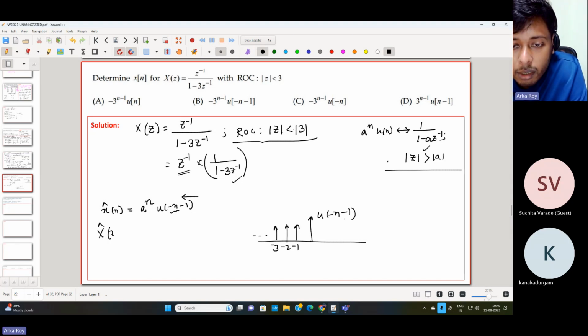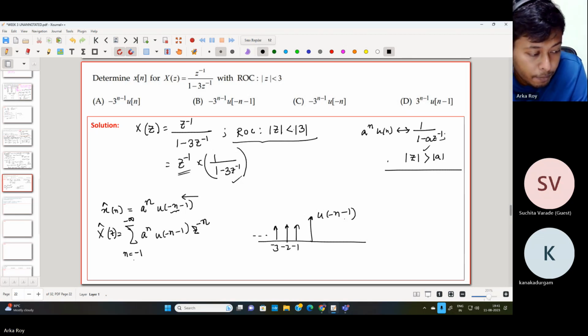Now I need to find the z transform of this particular sequence. So the sum of a to the power n u[minus n minus 1] z to the power minus n. Now the limit of n will be crucial. It will start from minus 1 and go to minus infinity, because this is a left-sided sequence.